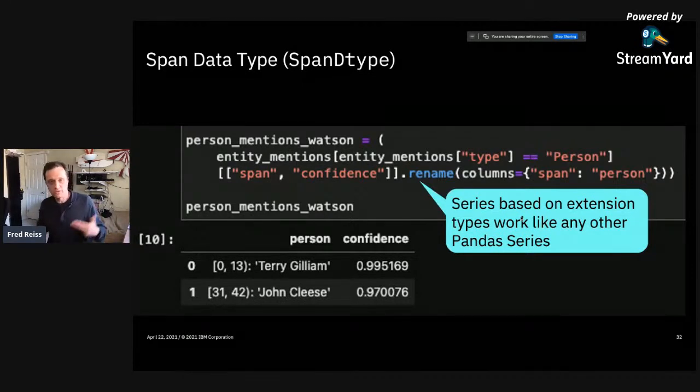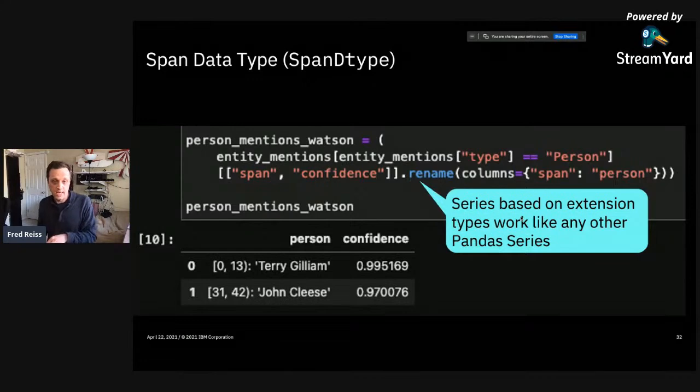We also, of course, have some span-specific operations for our data type, like the adjacent join that I showed you earlier, on top of all these built-in operations. So there's a huge variety of high-level operations you can do on spans, which, as I was mentioning, are a core concept in natural language processing, because you need to know what is the mapping between something you've extracted from a model and a location in your document.